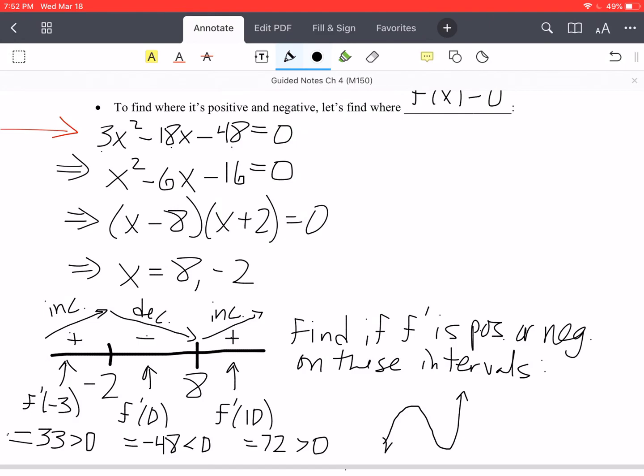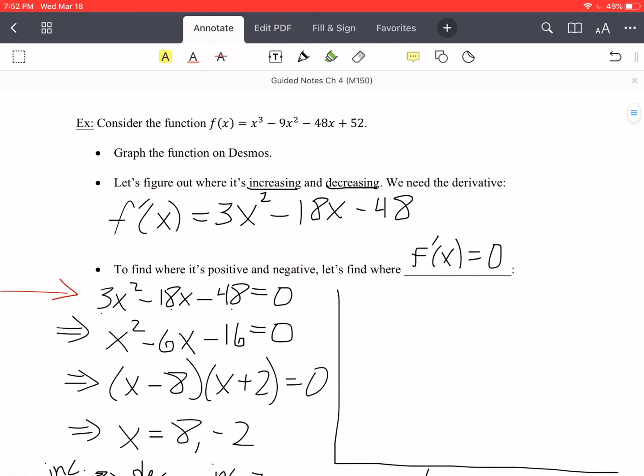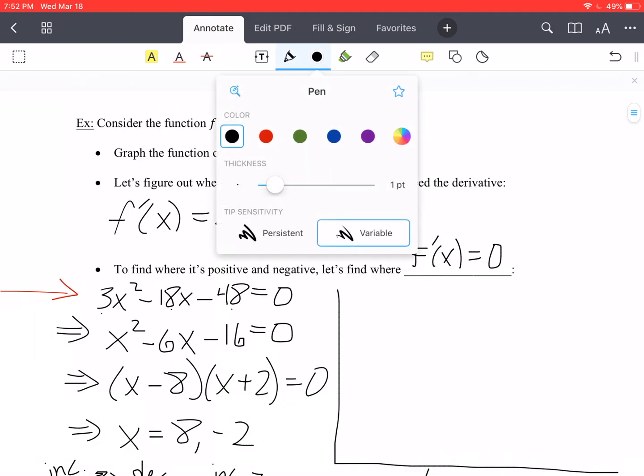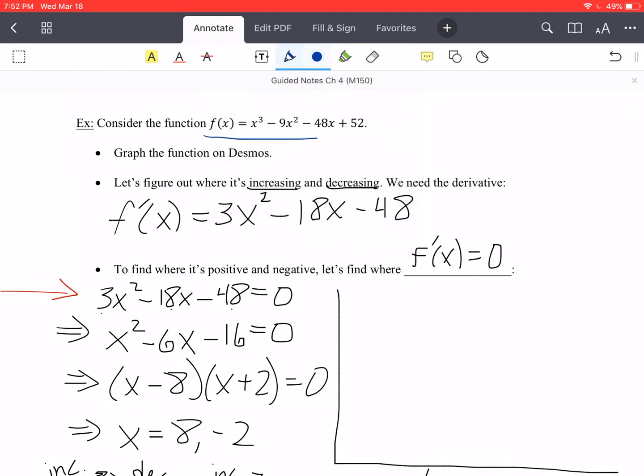So all we need to do now is to get a couple of ordered pairs. So let's actually find the coordinates of these points. If we go back up and look at the original function, this one up here, and then we find f of -2 and f of 8.